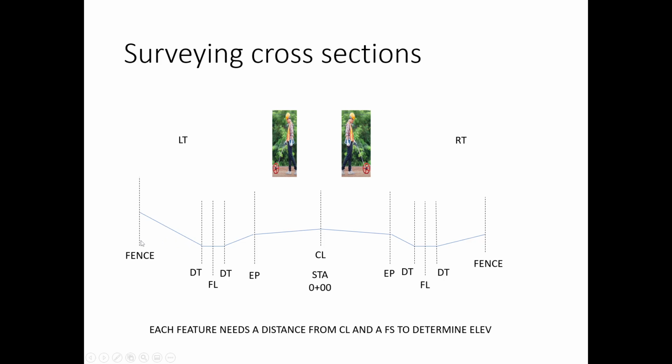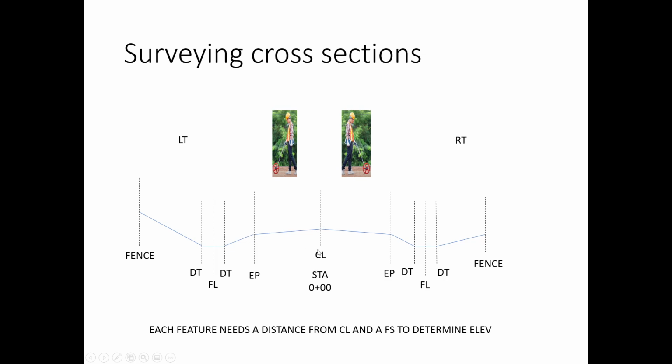So if it's way out here and there's nothing else going on, you can just kind of pick a point 40 or 50 feet out, depending on the needs of the survey, or at least shoot to a fence line and mark the elevation and the distance to that fence line. And so again, we want to do that on each side, so left LT and right LT.